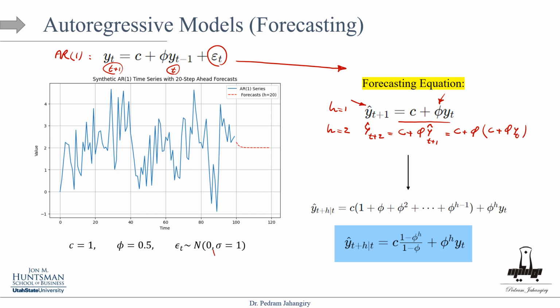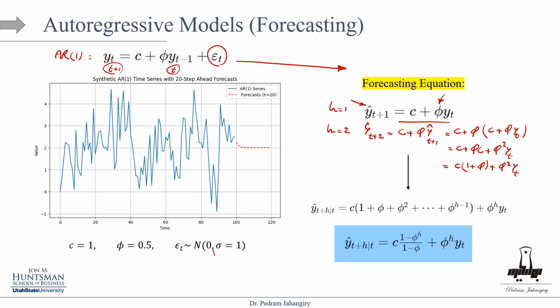And we can simplify it: c plus phi c plus phi to the power of 2 y_t, and then we can simplify it even further. So we get c multiplied by, factoring out c, (1 plus phi) plus phi squared y_t.